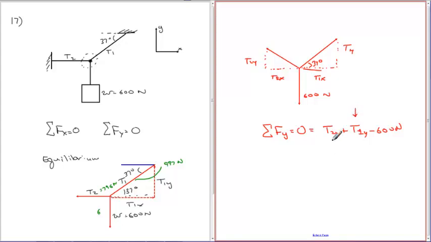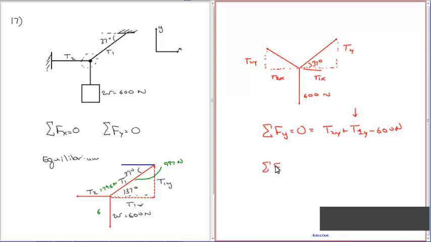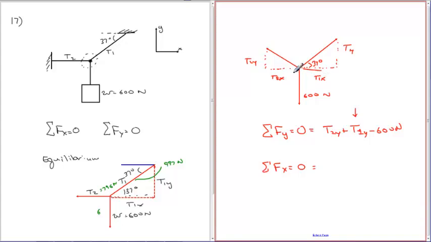And since this is smaller, then this one is smaller as well, because we have the same angle, so they have to be similar triangles. So this one would just be smaller, and then when we do the sum of the forces in the x direction, since this is smaller and that's smaller, this length would be less.